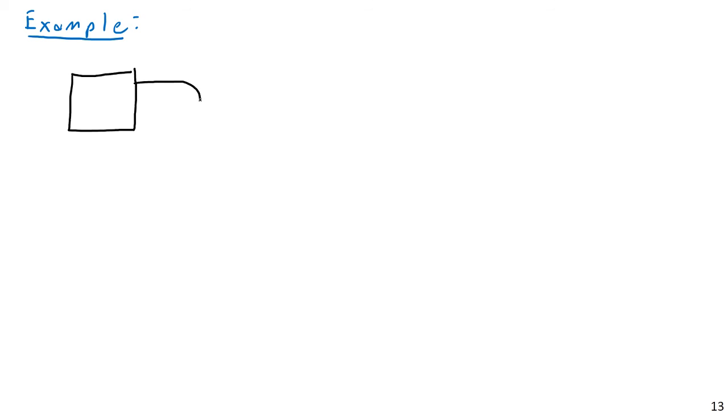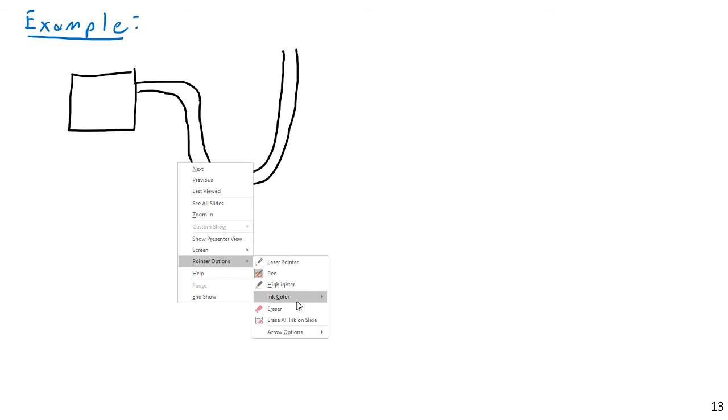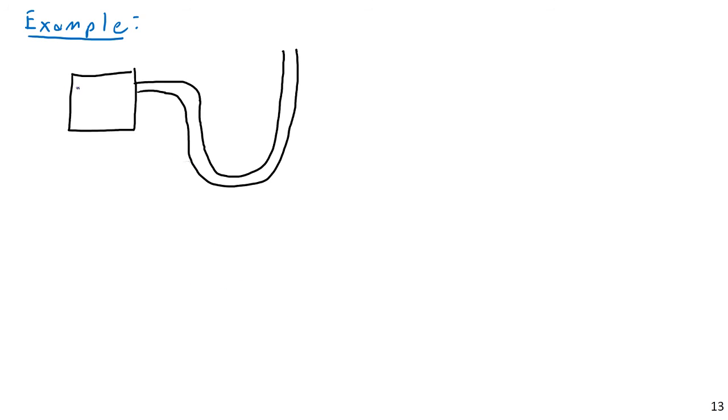So here I have air at a certain pressure, and then I have a tube here, a U-tube. This is going to be air at a certain PA.